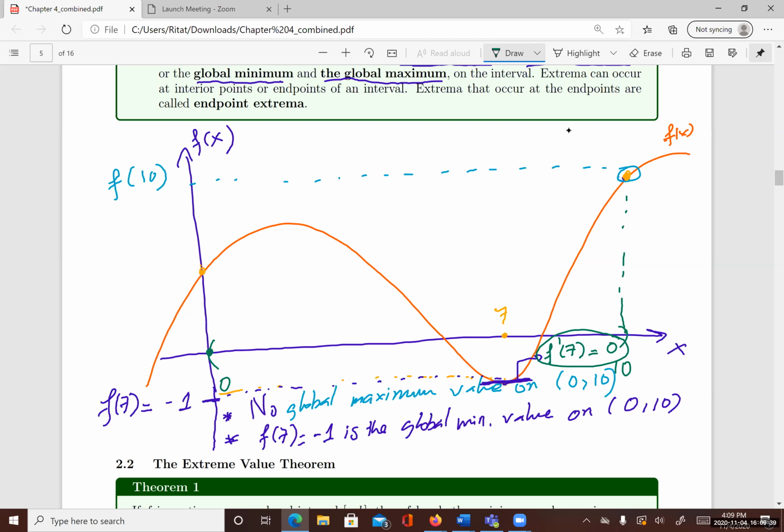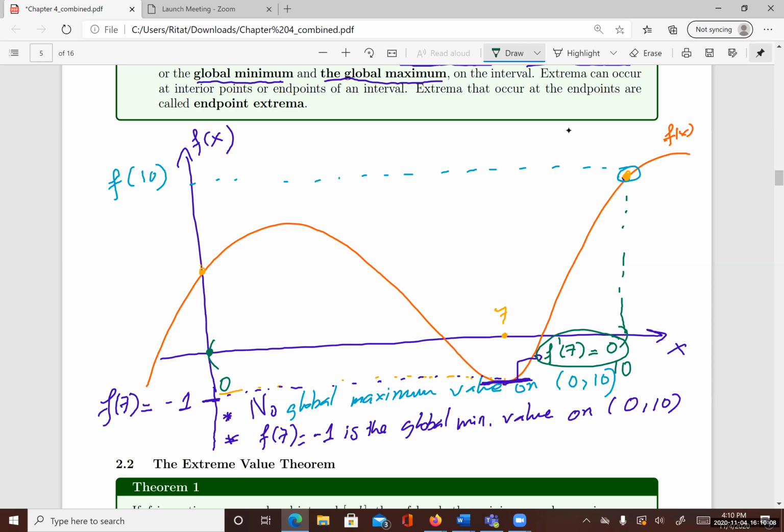So this gives us an idea on how we can search for the global minimum or the global maximum values. We're searching the function at the points where the derivative of the function equals 0. So your extrema values might occur at one of these points, right?